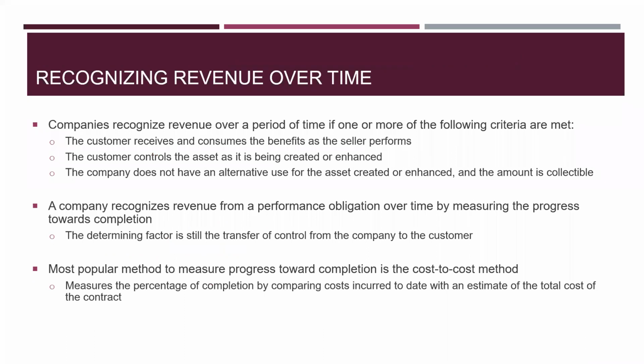Recognizing revenue over a period of time really ties to when your performance obligations are satisfied. So if you're selling a product, then as soon as you transfer the product to the buyer, the performance obligation is satisfied. But if it's a service that we are performing, then we will have to wait until the service is completed. Now, these things can happen at a point in time, or they can happen over a period of time.